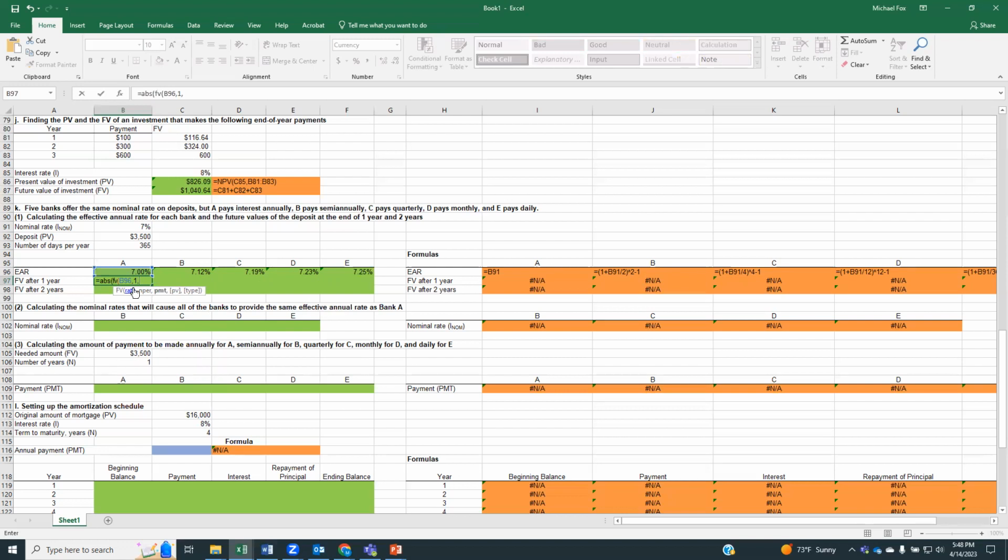Payment, 0. And the present value, 3,500. So at the end of the year, my 3,500 turns into 3,745 with annual compounding.